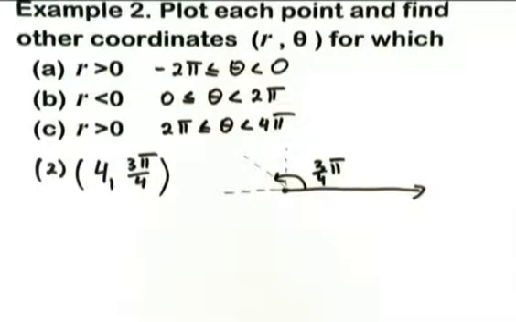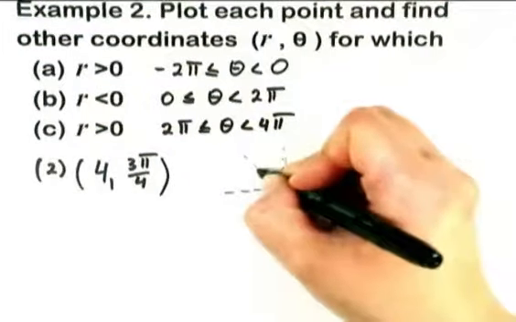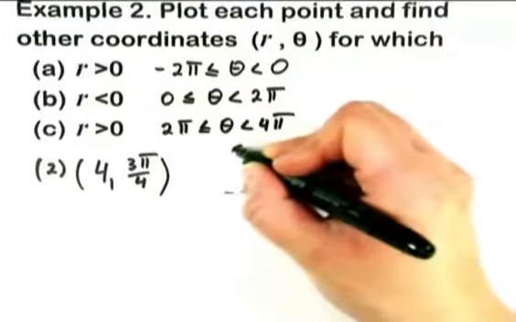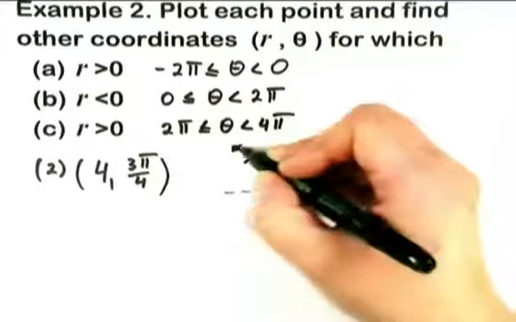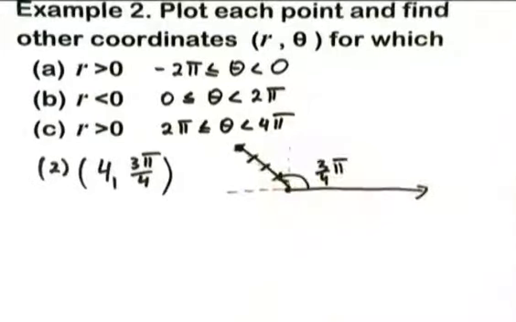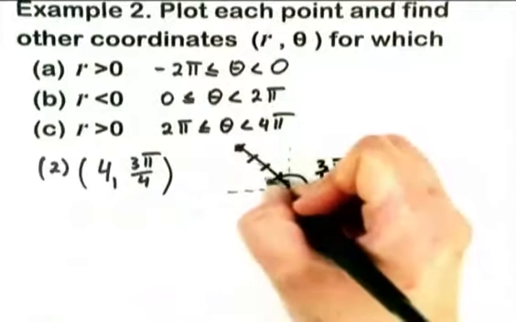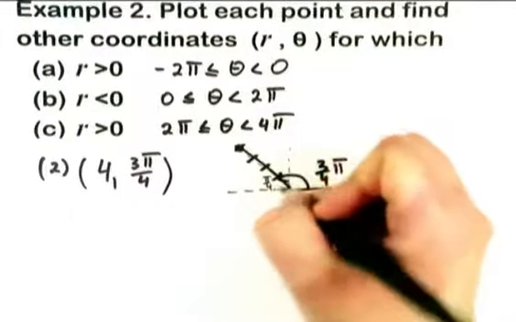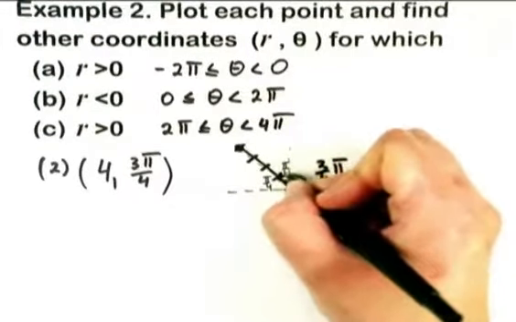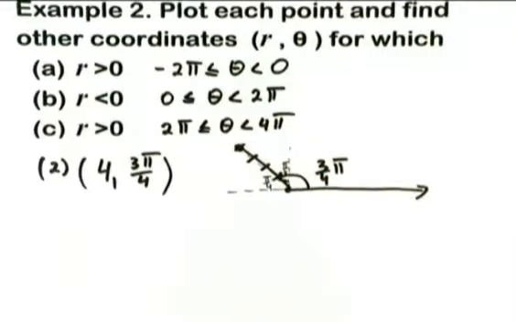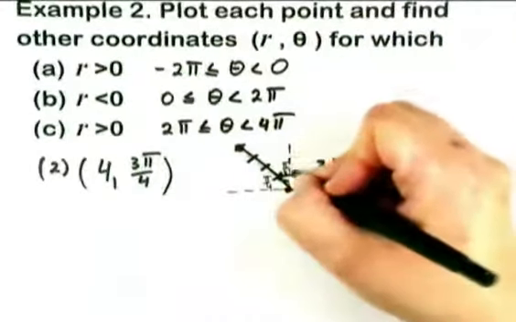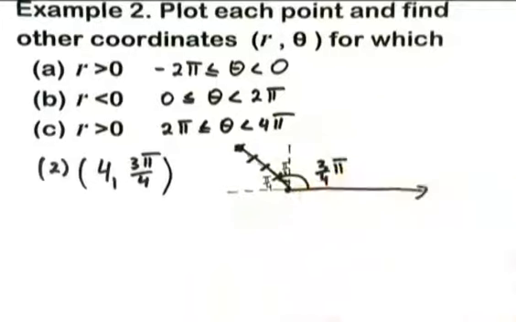And we need to measure 4 distances, 1, 2, 3, and 4. Right here is my point. Here is pi over 4, the small one is pi over 4, and here is pi over 4 as well, between those two. Okay, so that's my point.